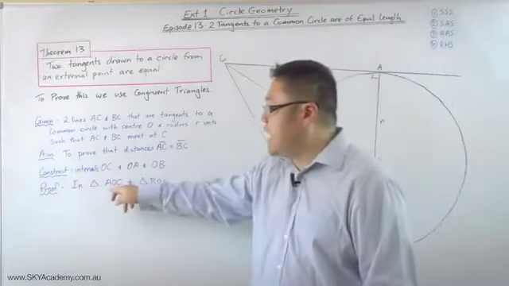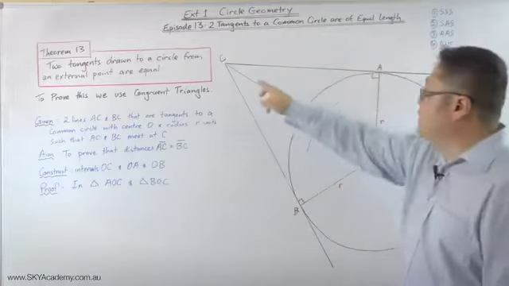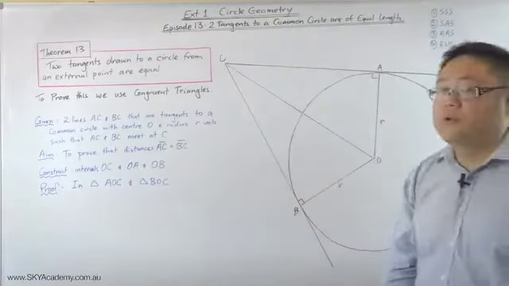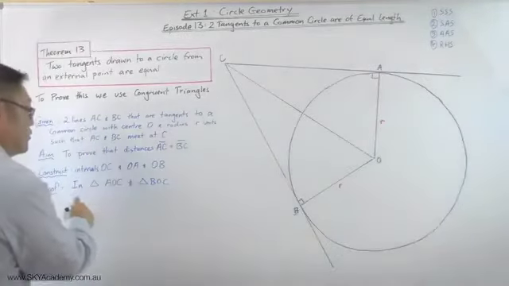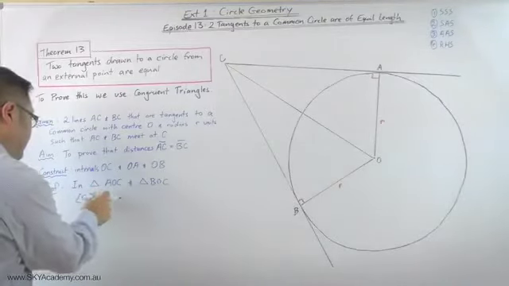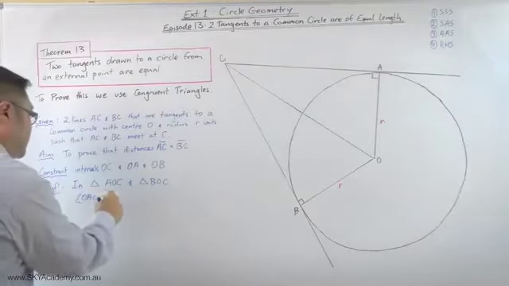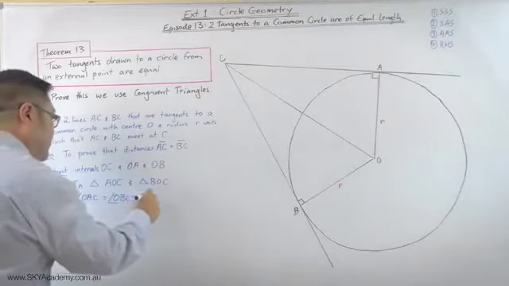In triangles AOC and BOC, what we know is that angle OAC, let's start with OAC because that's the triangle that we first mentioned, is equal to angle OBC, which is equal to 90 degrees.